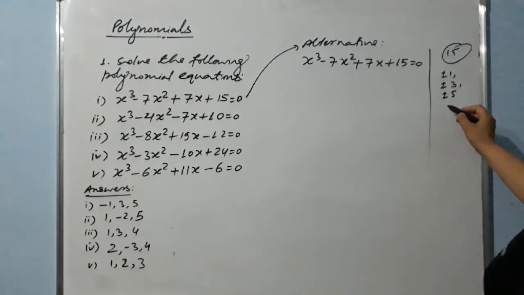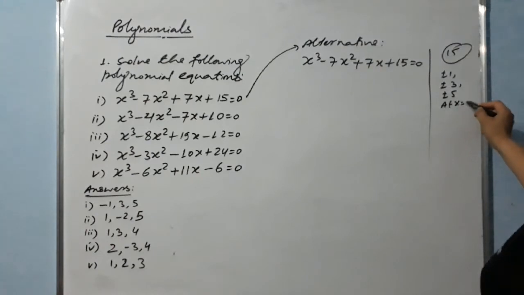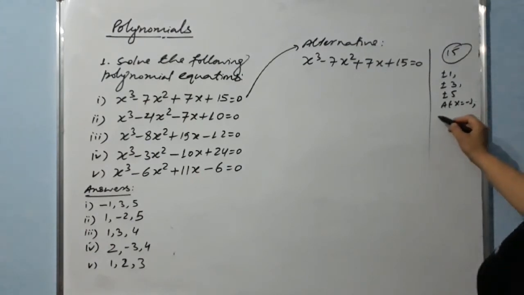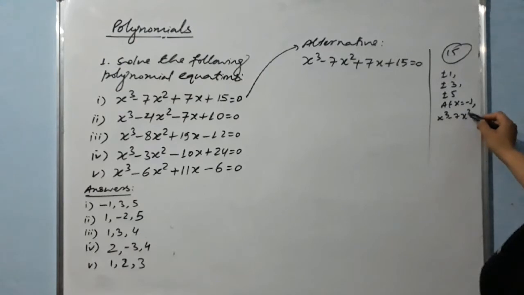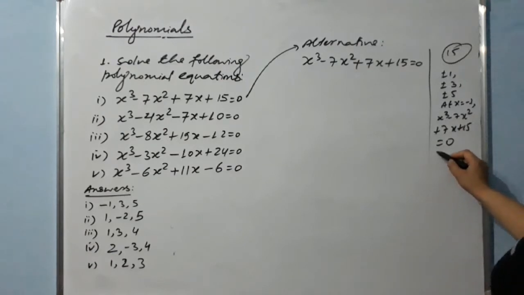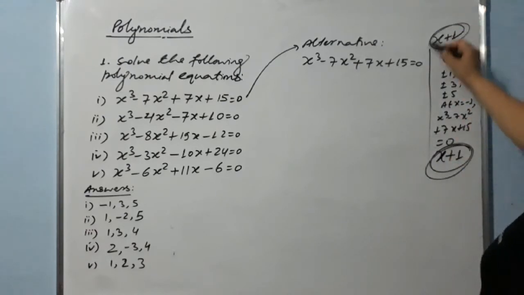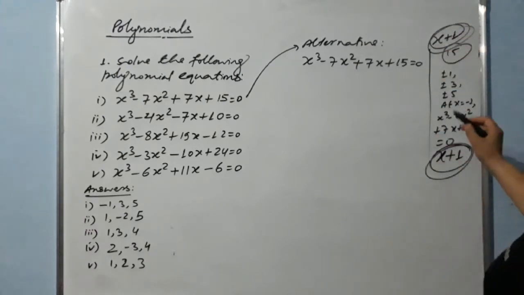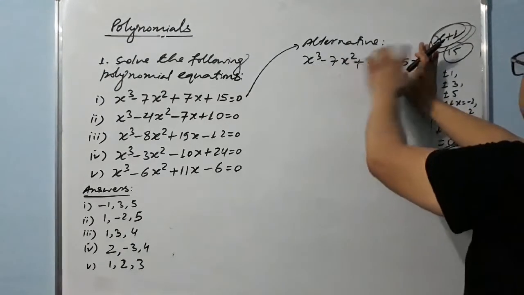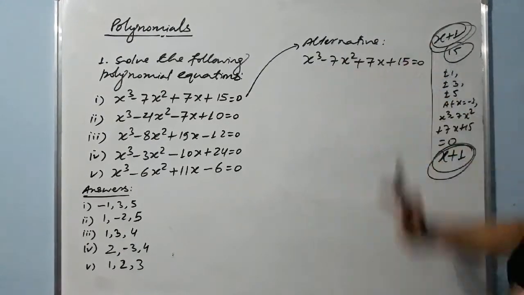If you check at x is equal to minus 1, here x cube minus 7x square plus 7x plus 15 is going to be 0. Already we have checked. So we can say x plus 1 is a factor of this.